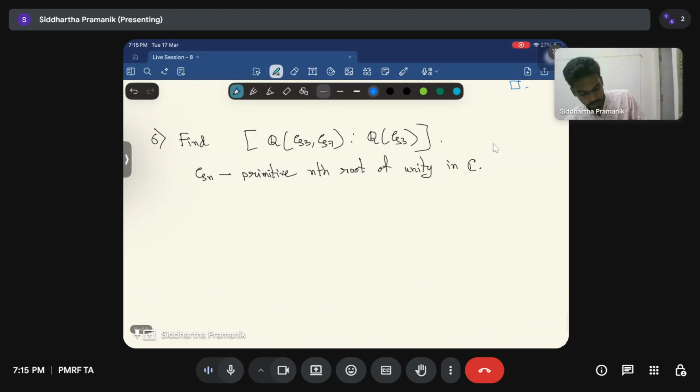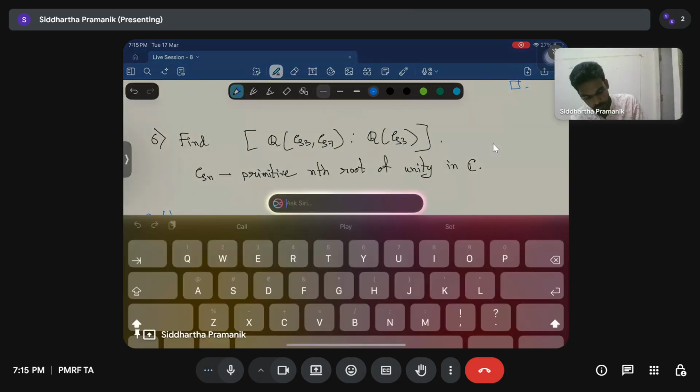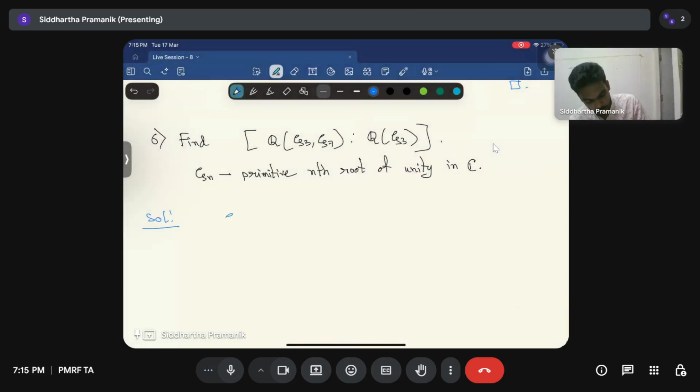We have already done one problem using that. You can see that zeta 3 times zeta 7 is a primitive 3 into 7, which is the 21st root of unity, because 3 and 7 are coprime.